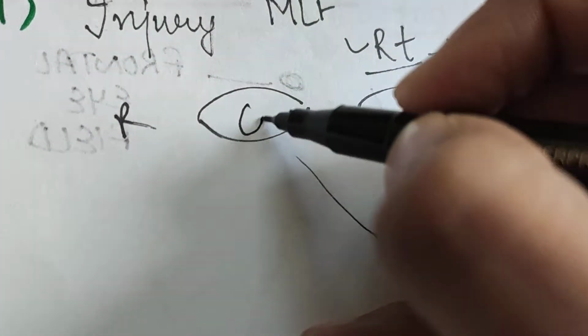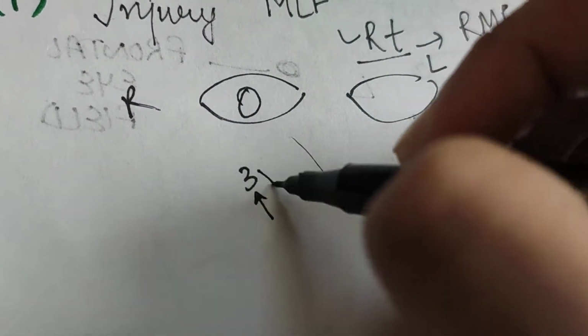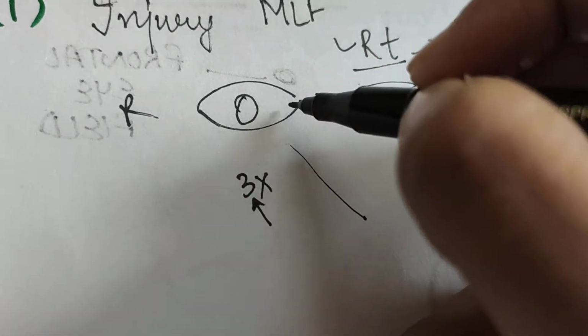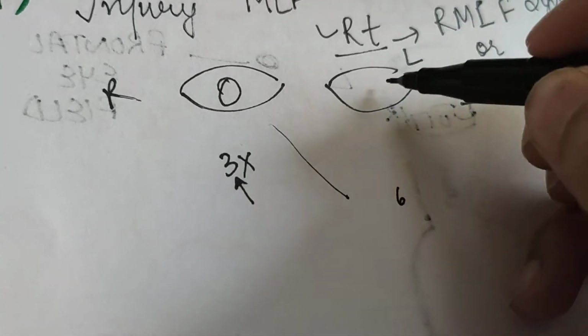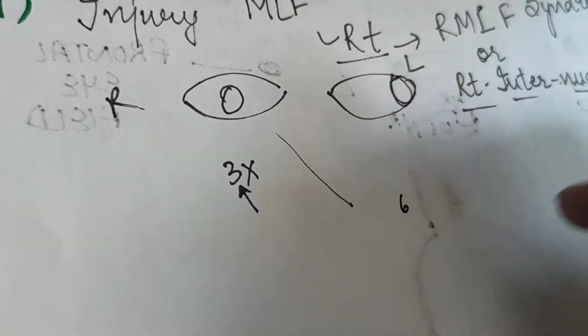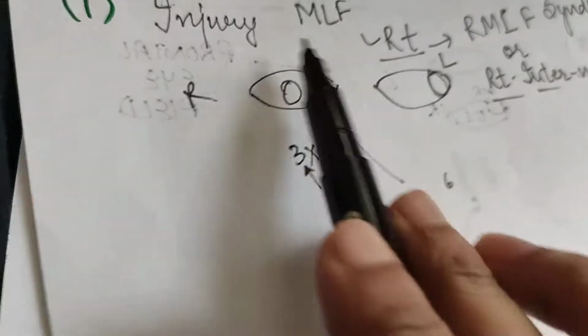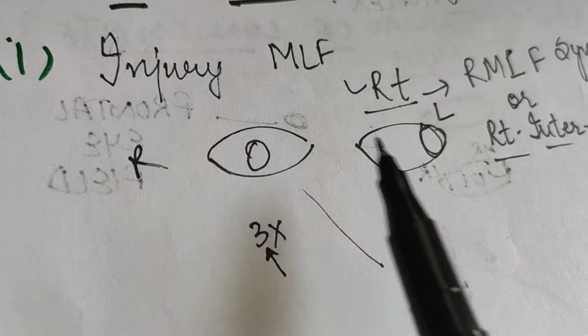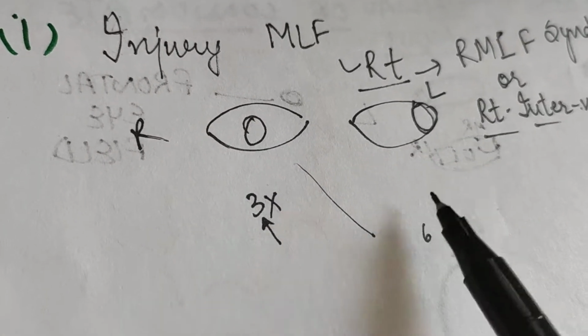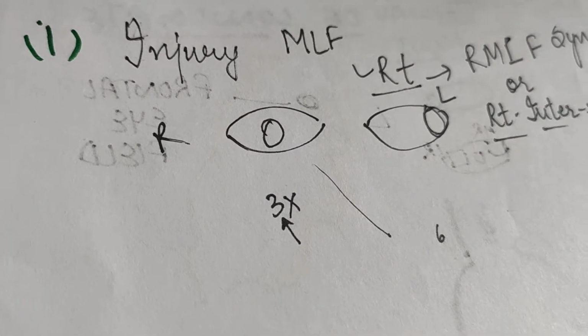If the right MLF is damaged, then this eye cannot adduct, its third cranial nerve is not getting the supply, and the third cranial nerve supplies the medial rectus, so this eye won't look towards the left. But here the sixth cranial nerve will activate and it will look towards the left. So if he wants to look left, he will have double vision, like two images he will get.